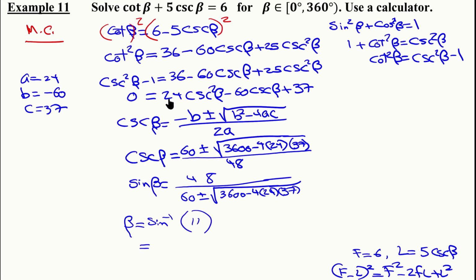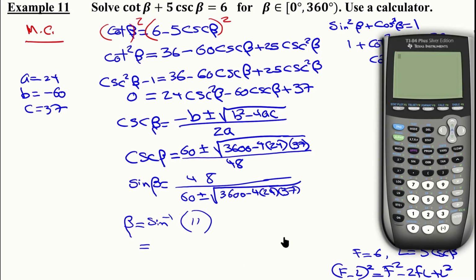Okay, we should be ready for a calculator at this point. Let me go ahead and bring it up. So we're going to carefully type in, after checking that we're in degree mode, let's make sure. So yes, we're in degree mode, so we'll go ahead and quit out of that. And now we're going to type in the inverse sine, so second sine on most calculators. And now the numerator is 48, and we're going to go divided by, now we're going to open a parenthesis to contain the entire denominator.